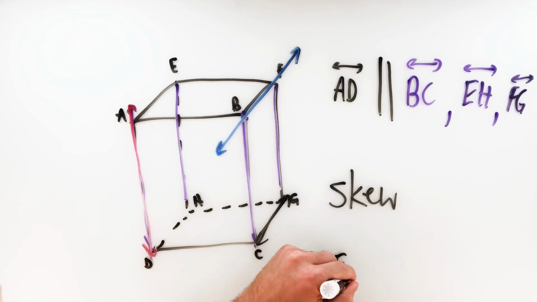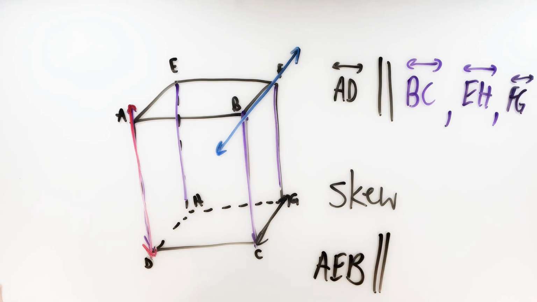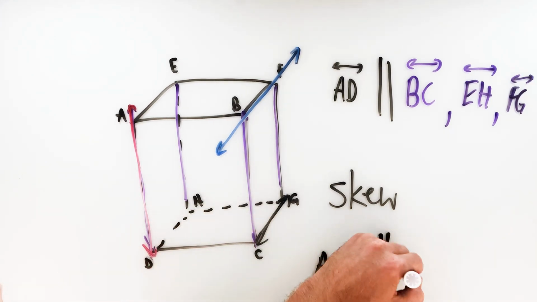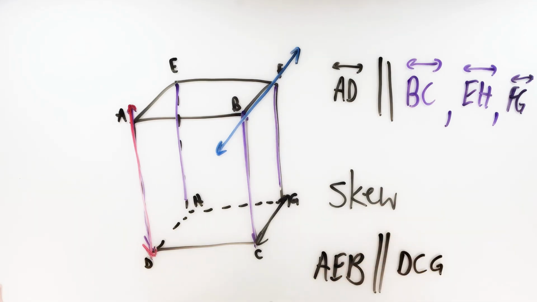Say for example, AEB. That plane AEB is parallel to the bottom of the box. I can say DCG. So those two planes are parallel, they will never intersect. I could also use the front and back of the box, those are parallel, and then the two sides left and right, those are also parallel to one another.